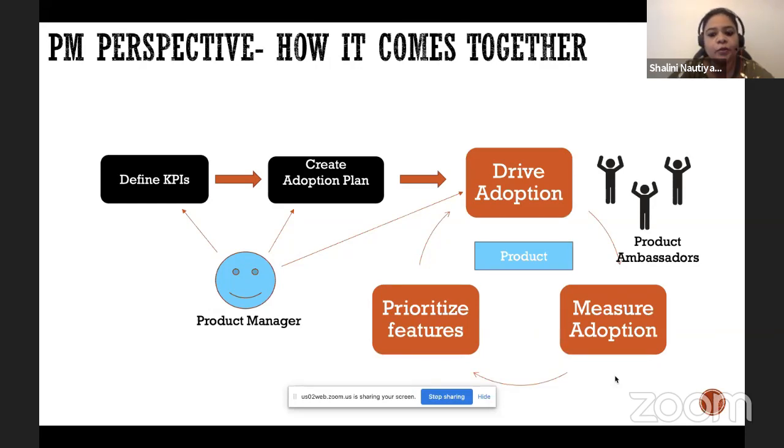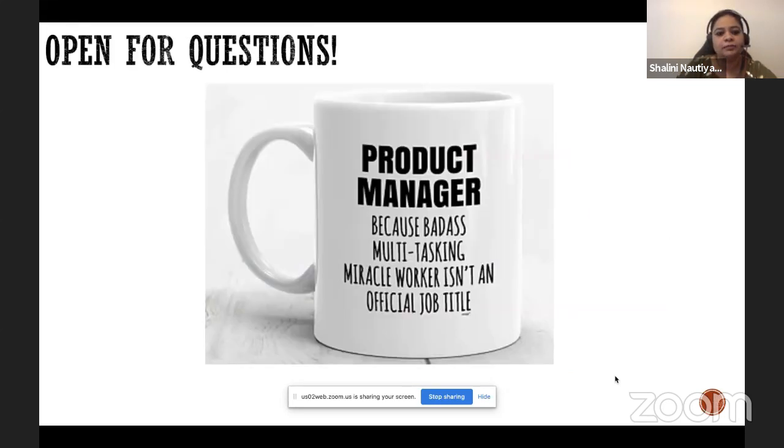And then this is a cycle of driving adoption, performing certain activities in order to reach out to your customers, slow launching some of the features, adding on some of the features, and then measuring and prioritizing your features. So yeah, this is about it.